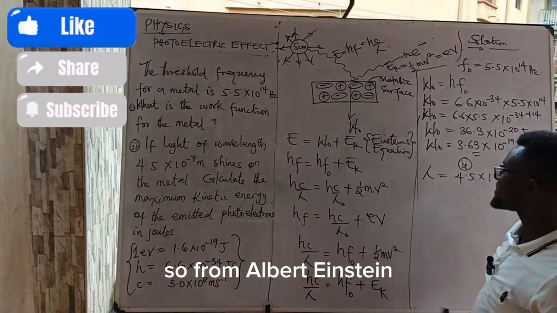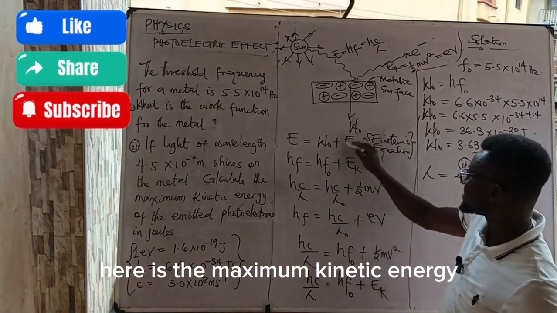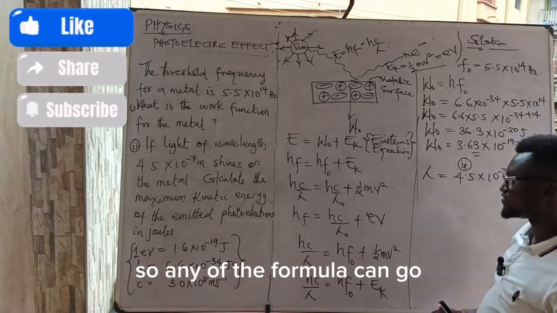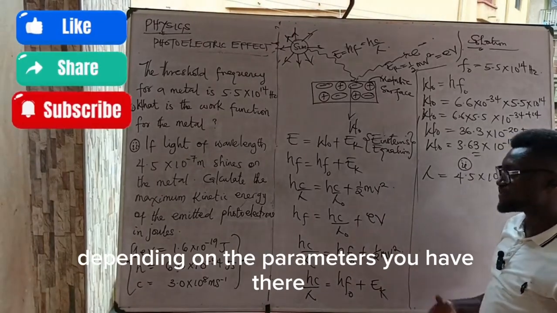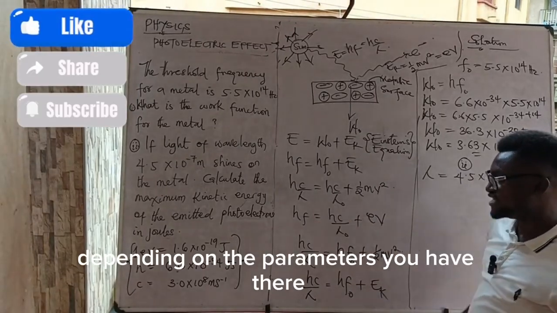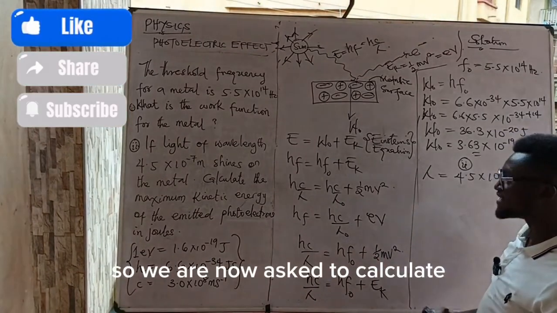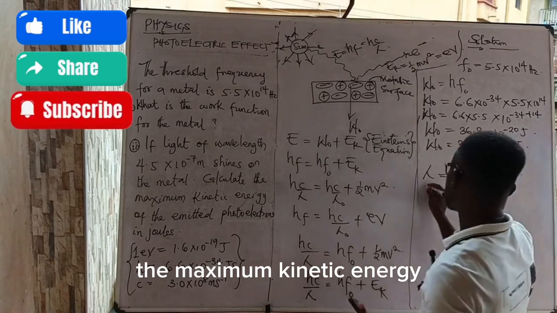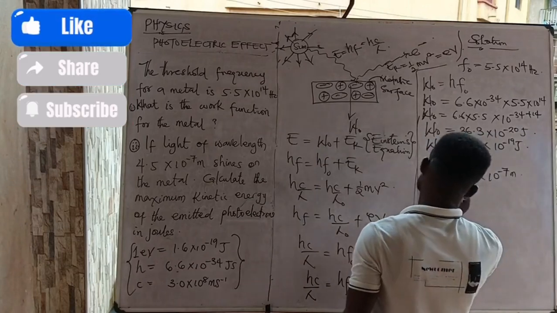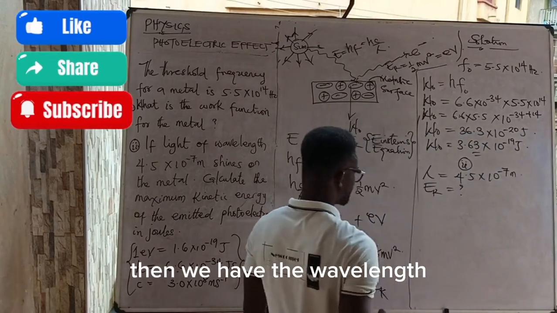So from Albert Einstein, here is the maximum kinetic energy. Any of the formulas can go, depending on the parameters you have. We are asked to calculate the maximum kinetic energy, and we have the wavelength.